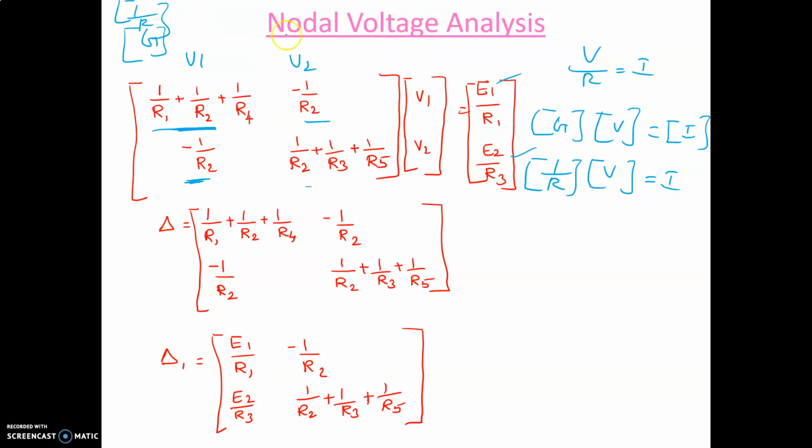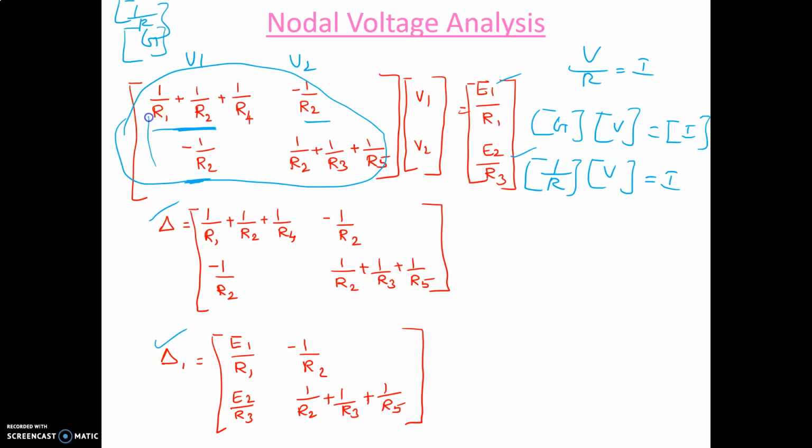After forming the matrix, we have to find the determinant of this particular matrix. For this we find the determinant, which is equal to del. Then we have to find the value of del 1. How to find the value of del 1?